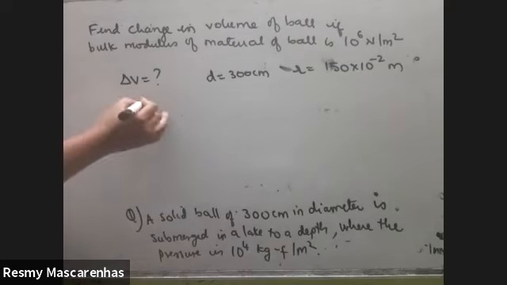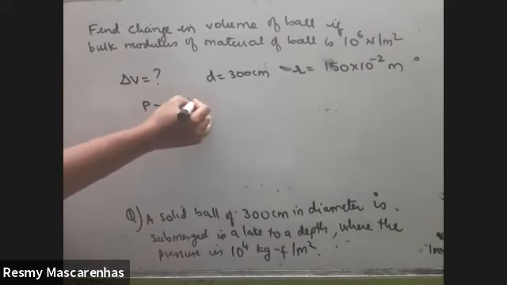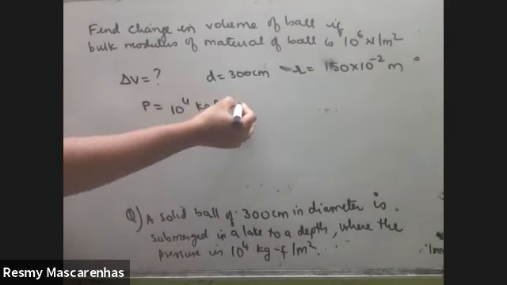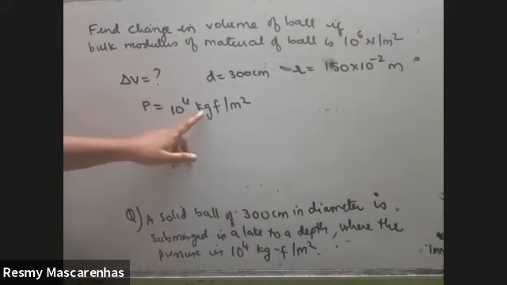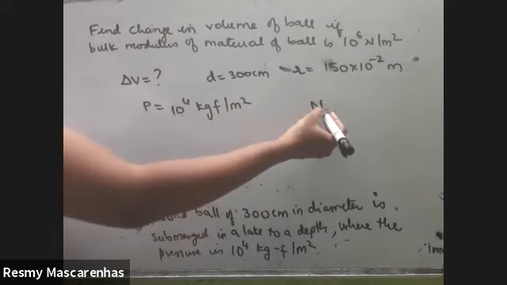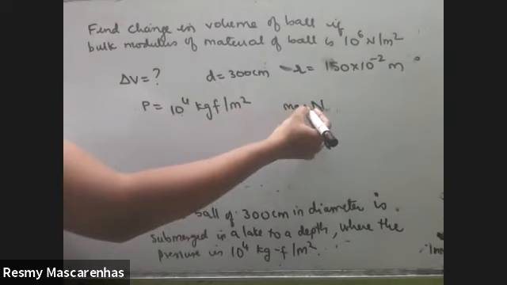Now pressure, just see this. You may come across this type, kgf per meter square. If it was simply Newton per meter square, it would have been different. But whenever there is kgf, it is under gravity, so that 9.8 is not multiplied. Whenever you have Newton, you know that it is always mg.